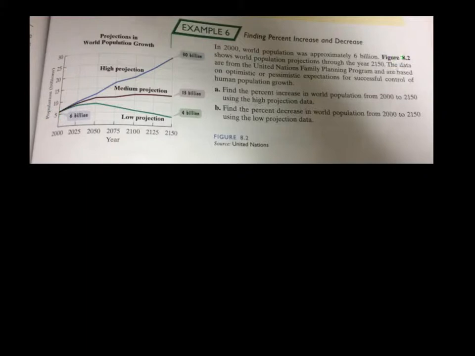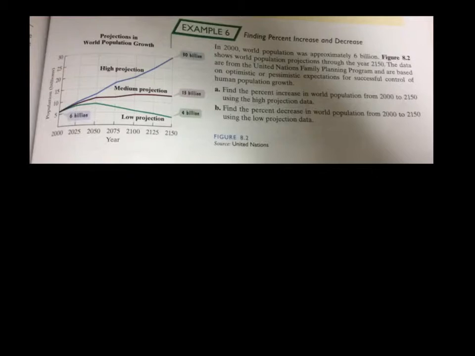And so figure 8.2, this figure shows world population projections through the year 2150. Now, the data are from United Nations Family Planning Program and are based on optimistic or pessimistic expectations for successful control of human population growth.